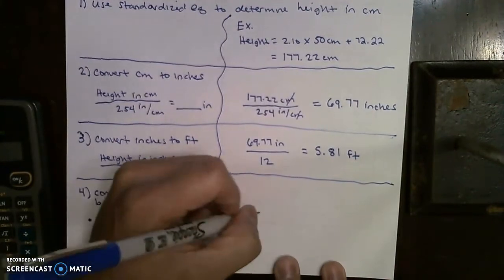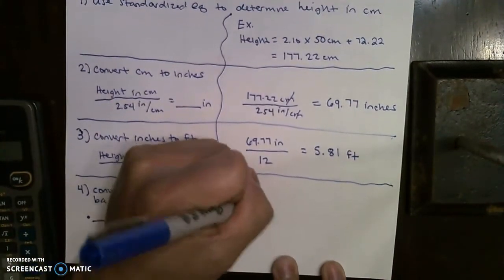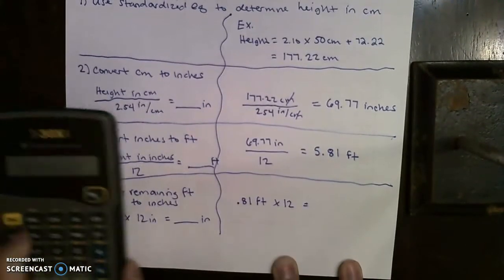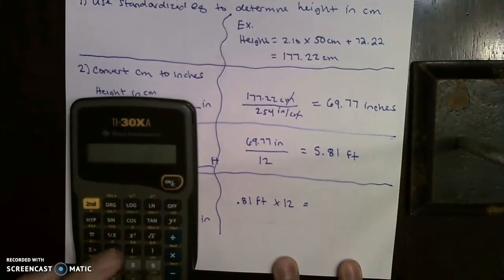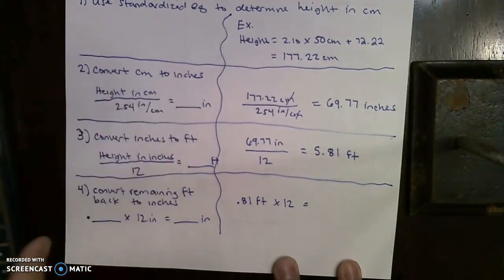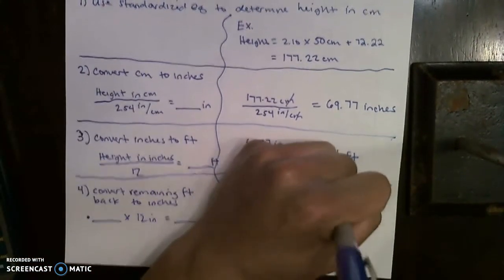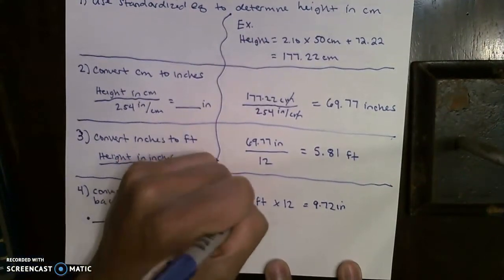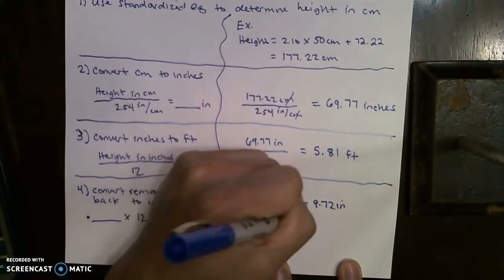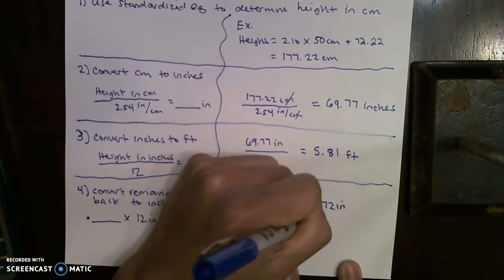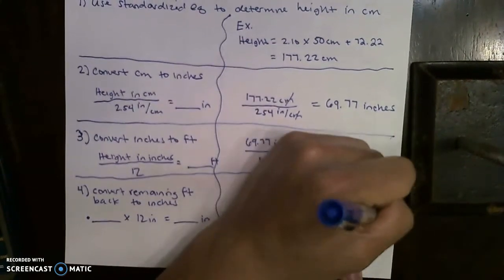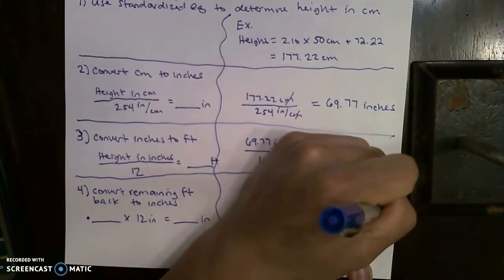So I'm going to take 0.81 feet times 12, and that's going to give me 9.72 inches. In this case, we're going to round to the whole inch. So therefore my answer is going to be 10 inches.